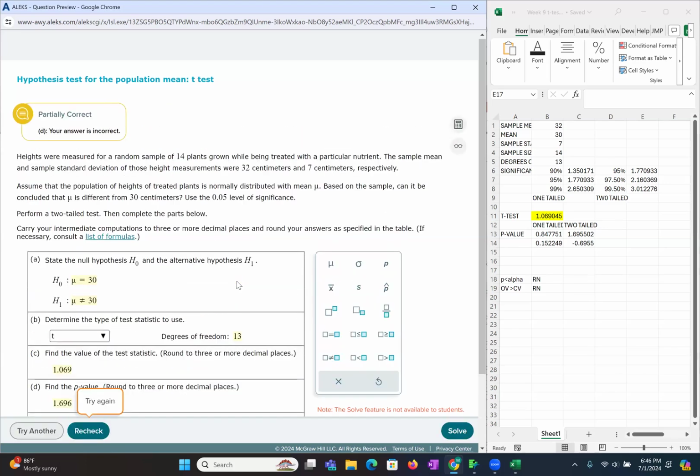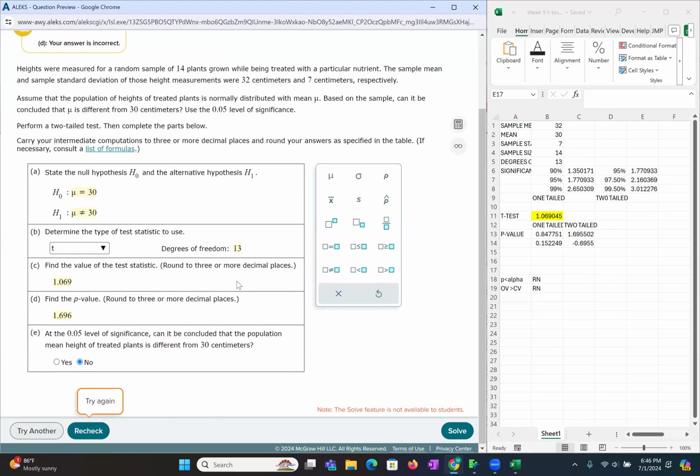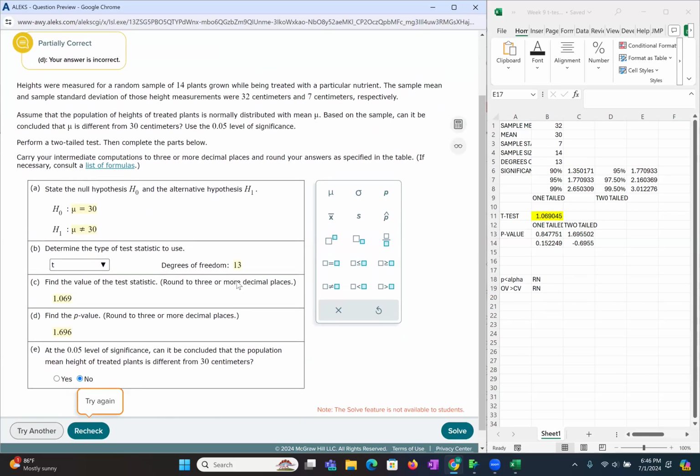Let's go ahead and hit this. Do you notice D is incorrect? So is it not two-tailed? It is two-tailed. The inverse? No, that doesn't make sense.